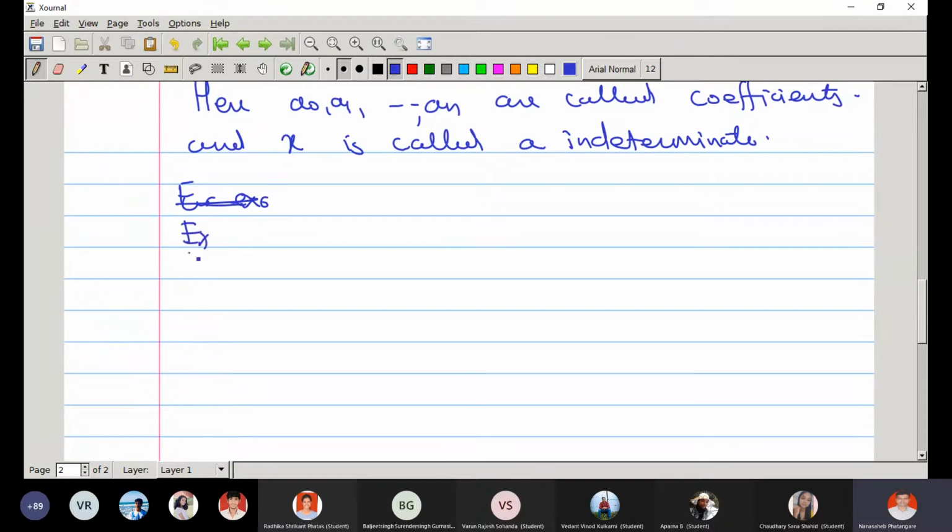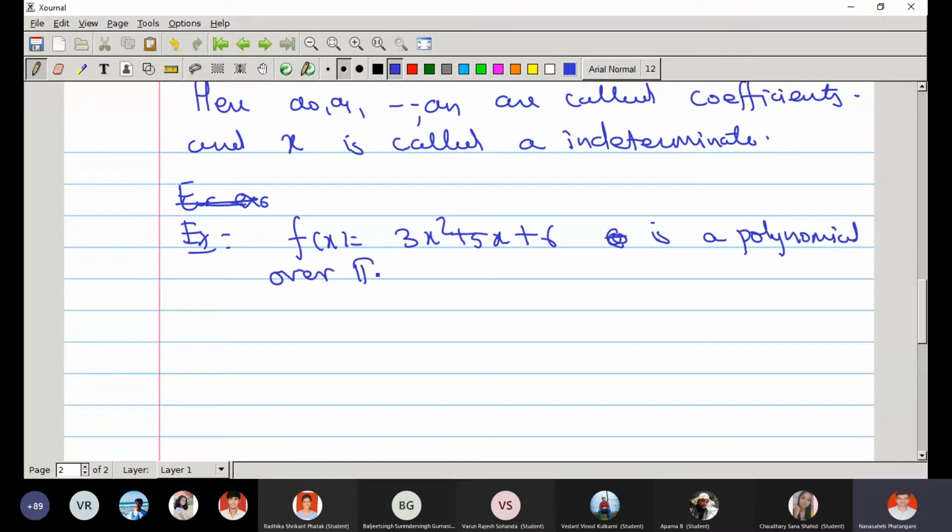if I consider f(x) equal to the polynomial 3x square plus 5x plus 6, is it a polynomial over R? Yes. A polynomial over R, right? Because the coefficients are real numbers. Now I can identify this polynomial 3x square plus 5x plus 6.